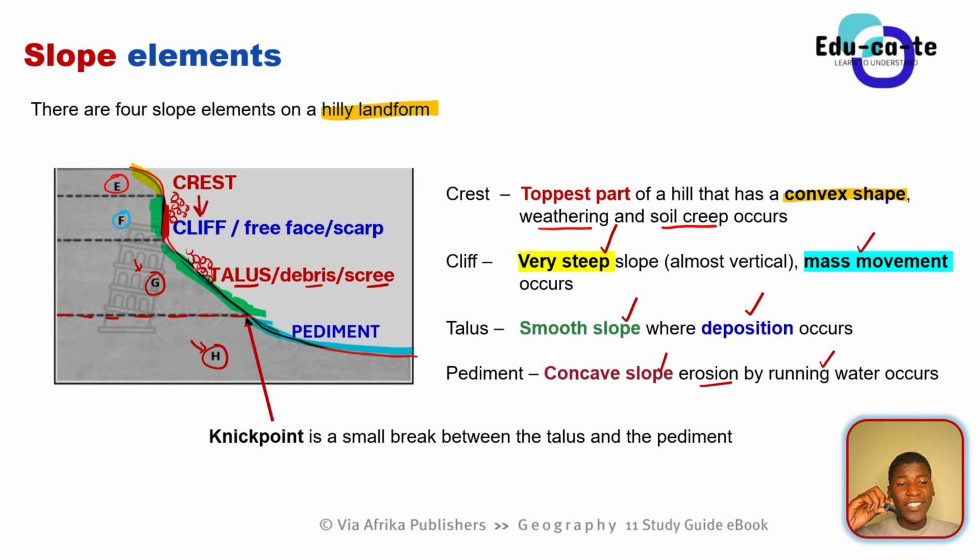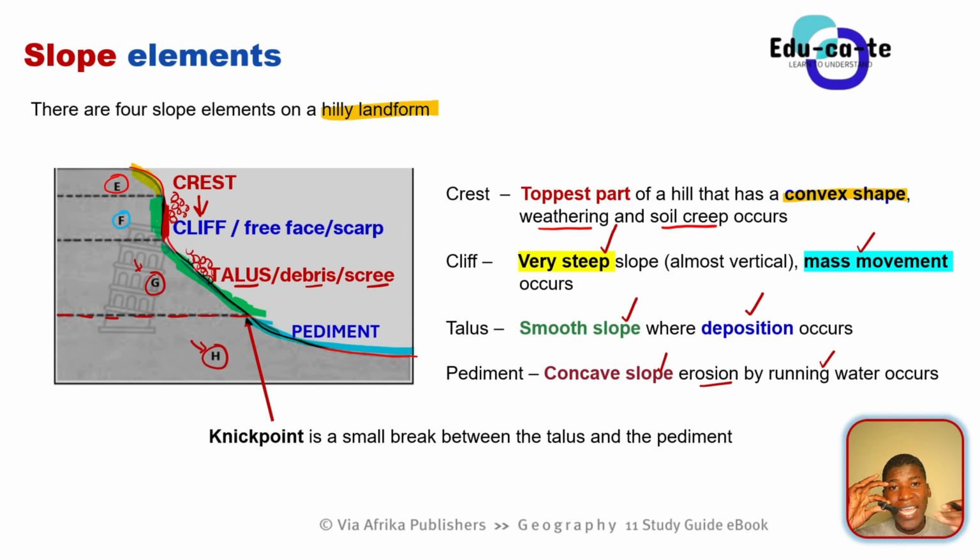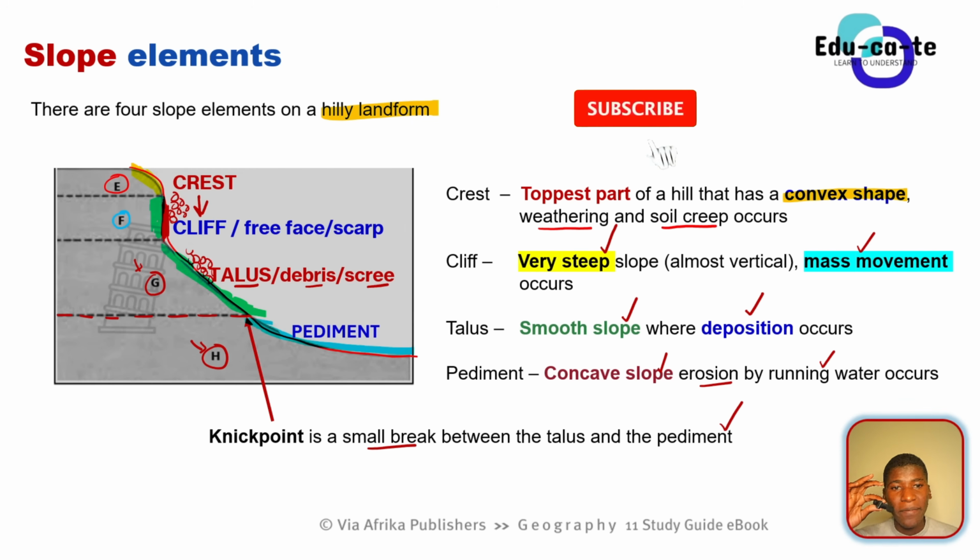The nick point is more like a sharp change in gradient. But here in grade 11, we don't really define it in that way. We can just say it is the small break between the talus and the pediment. So the point where the talus meets the pediment is known as the nick point.